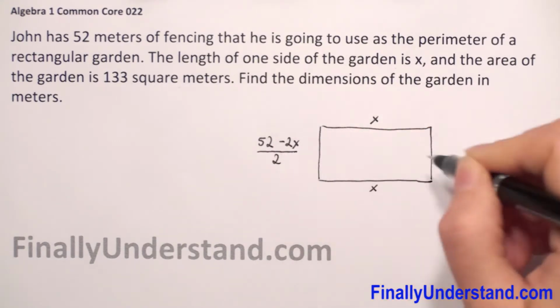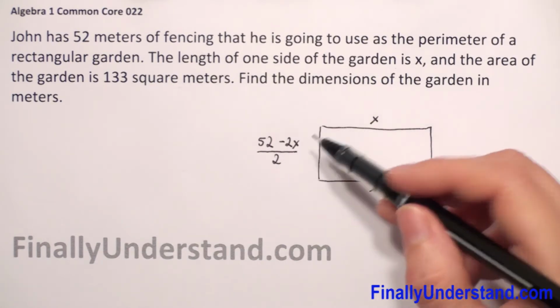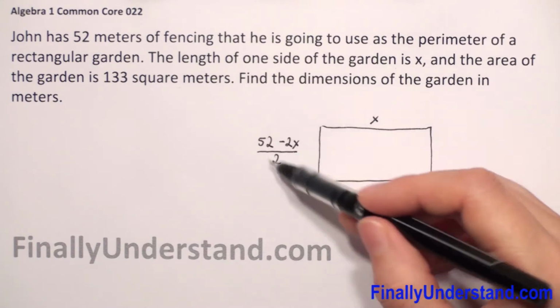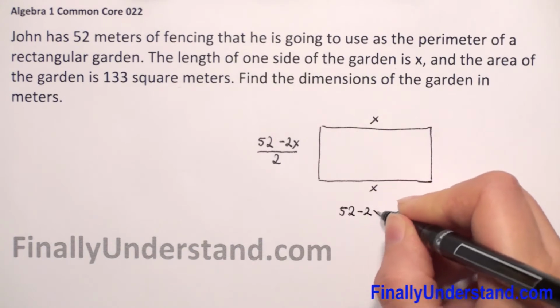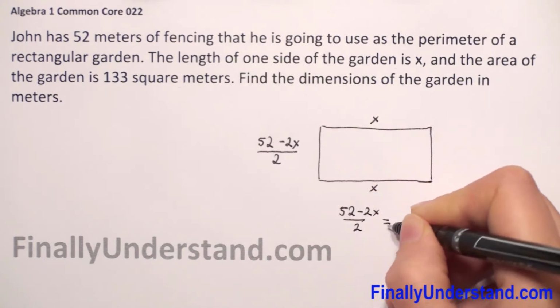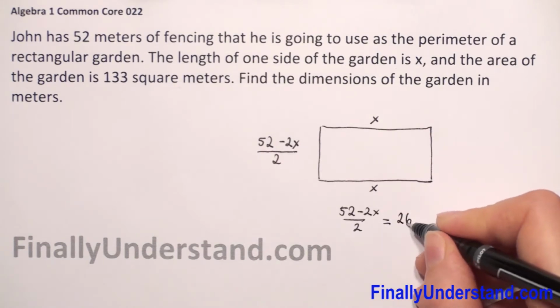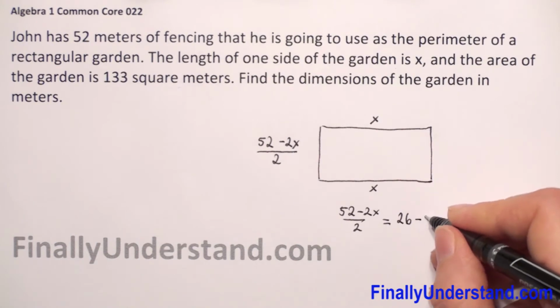The other side is 52 minus these two sides, divided by 2, and we can reduce this expression. 52 minus 2x over 2: 52 divided by 2 is 26, and negative 2x divided by 2 is minus x.